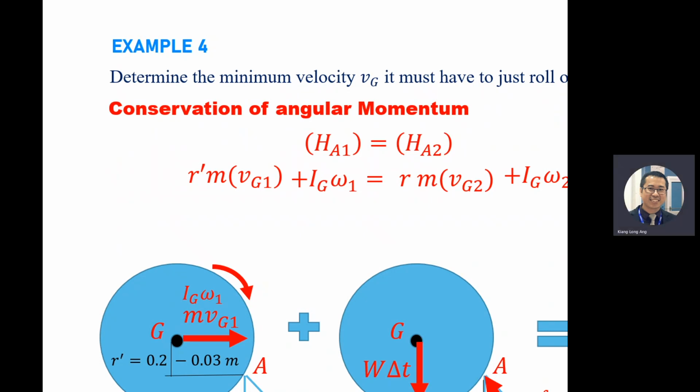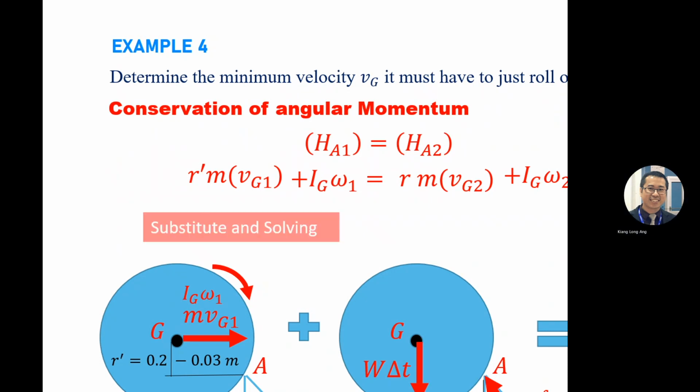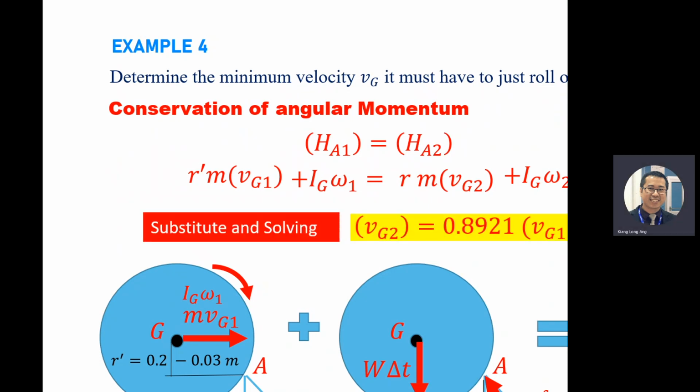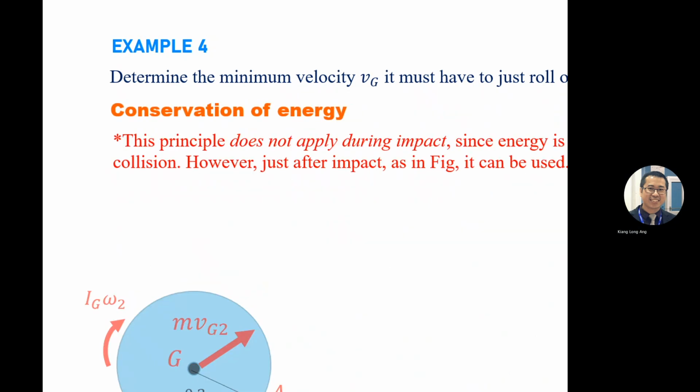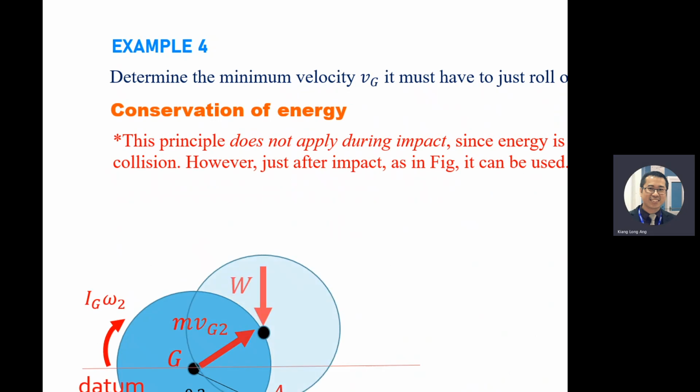So since there is no slipping, you can use v equal to omega r to find the omega. So you substitute this one inside here, right? You'll get this equation. Okay, the rest you can read.